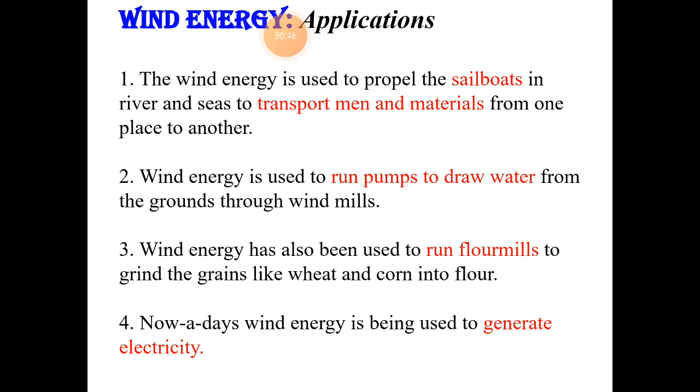Next is, wind energy is used largely to pump the water from underground using the windmills. Windmills are used to run the flour mills at coastal regions to grind the grains. The windmills are also used to generate the wind electricity.